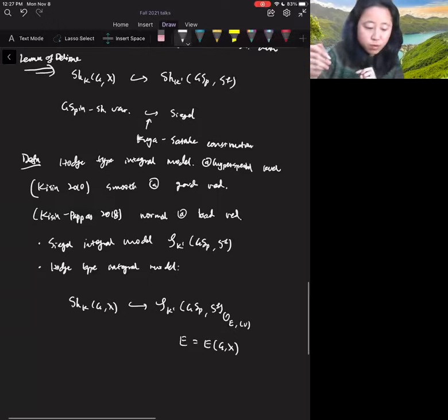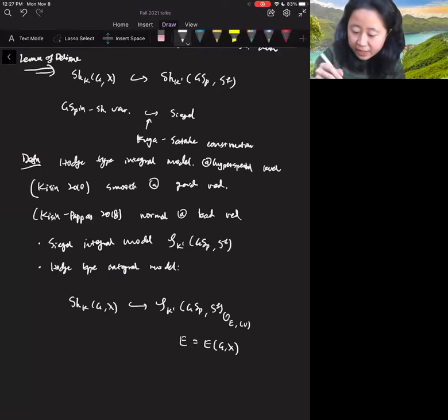And so once I have this embedding, I can take the closure of the Hodge-type Shimura variety inside this base-changed Siegel integral model. And we're going to denote this closure by this notation, so it's like the closure notation.